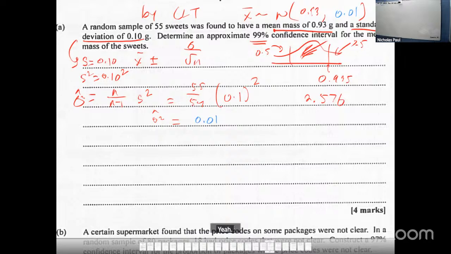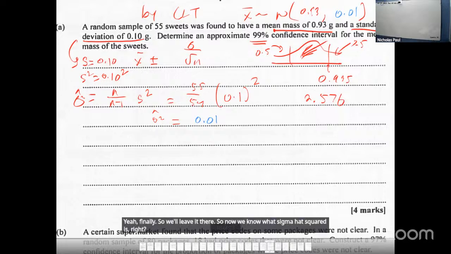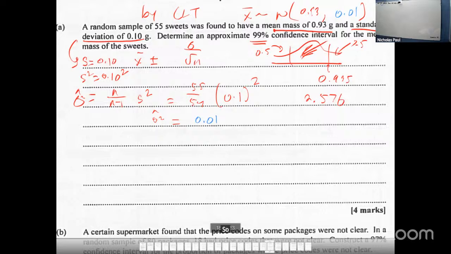So we'll leave it like that. Now we know what sigma hat squared is. So now we can see X bar, which is 0.93, plus and minus 2.576 for 99%.